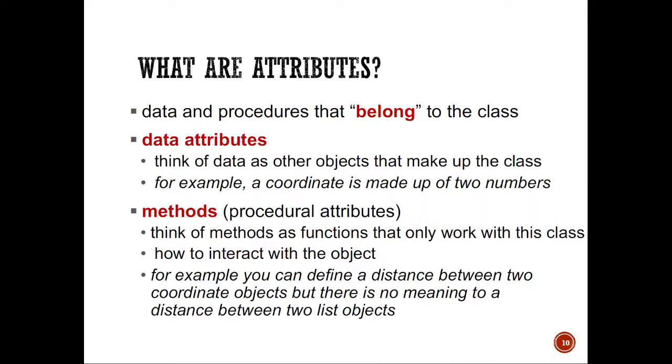The second type of attributes is the methods, or procedural attributes. Methods are basically the functions that only work with the class or with objects within this class. They define how we can interact with the object. For example, you can define a distance between two coordinate objects, but there is no meaning to a distance between two list objects.